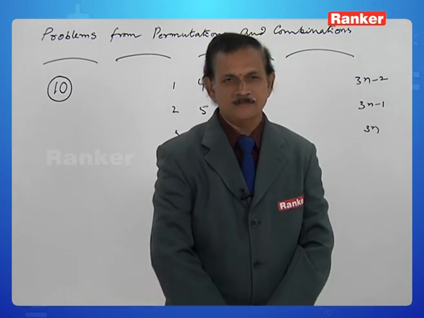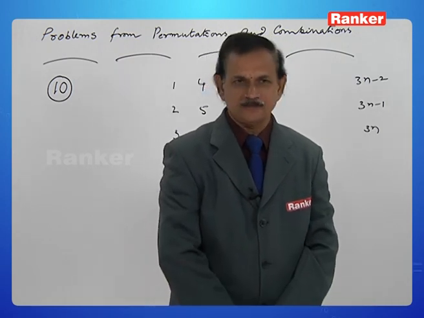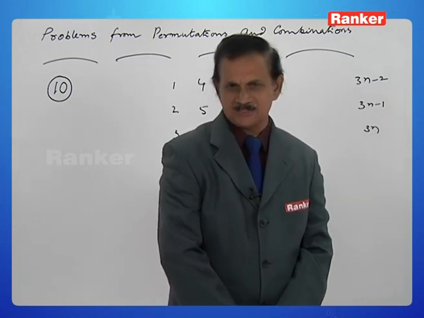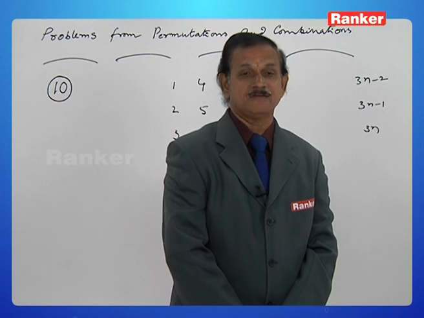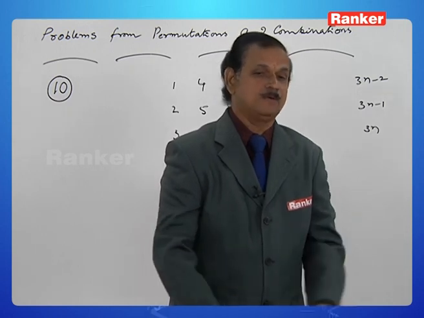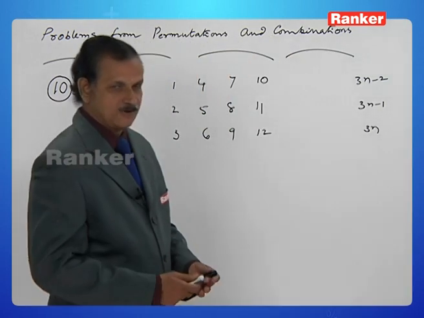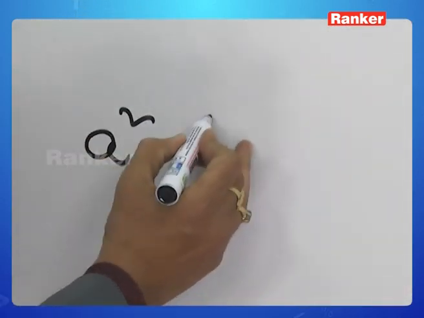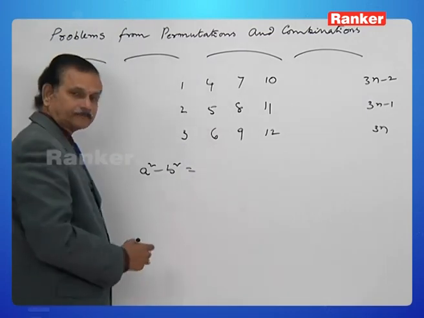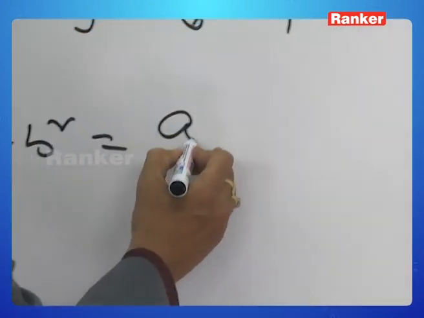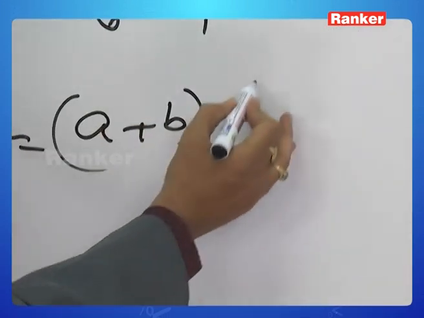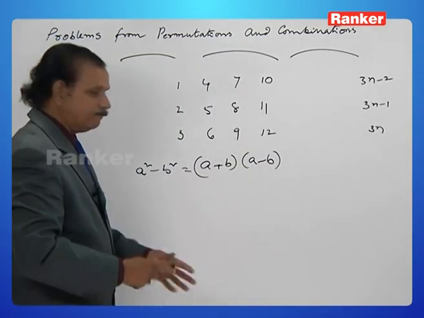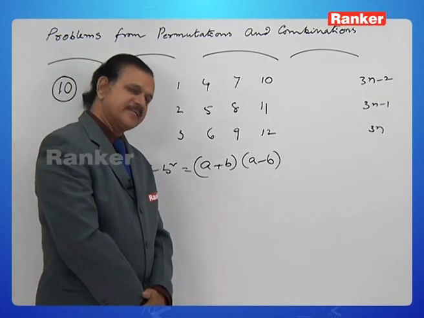The reason for dividing all the natural numbers like that into 3 rows is that we are supposed to have some type of numbers which are divisible by 3. Let us focus on that. What is a square minus b square? It is a plus b into a minus b. By looking at this, we can take the decision.